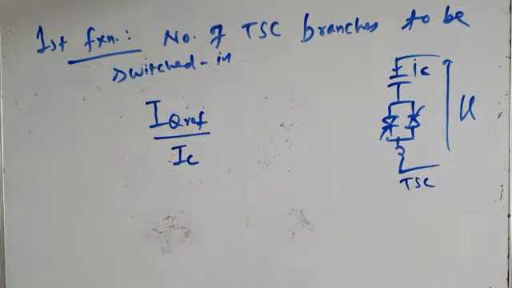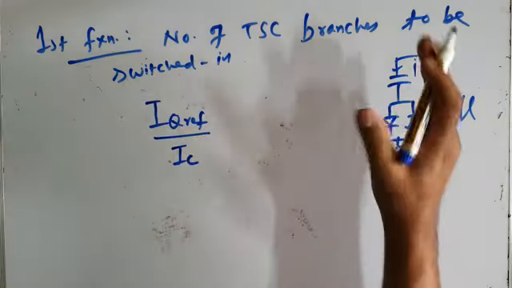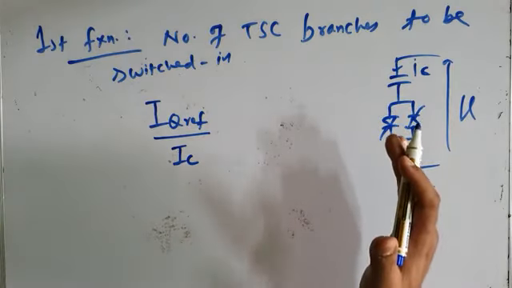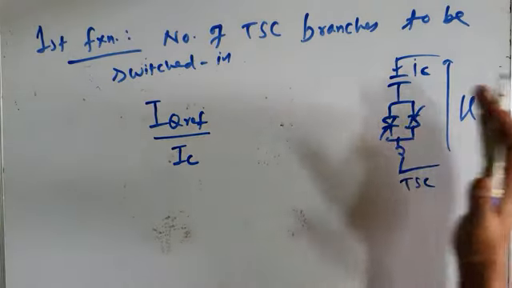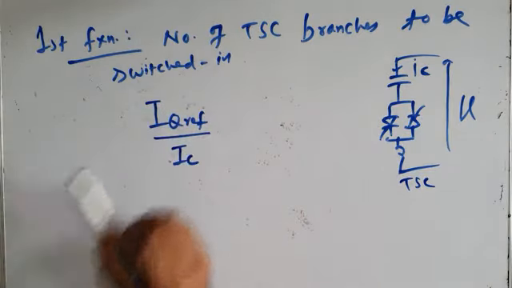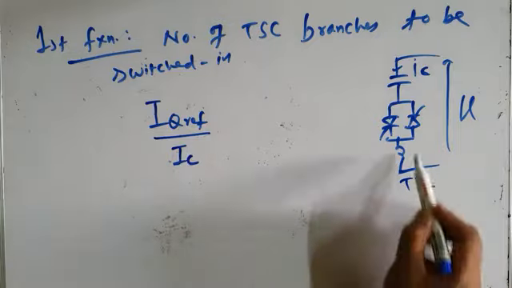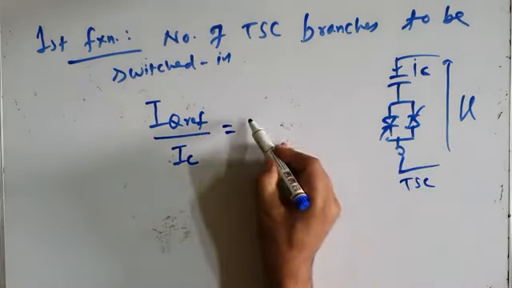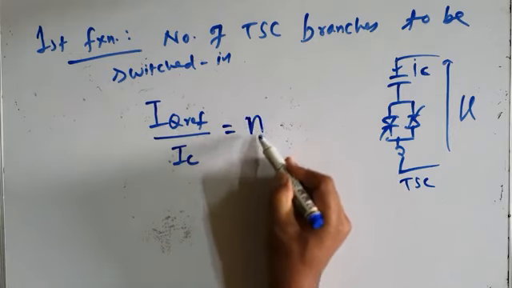IQ ref is the total capacitive current which is to be produced when all the TSC branches are turned on. So the total required or reference capacitive current divided by the capacitive current drawn by one TSC will give a number, say n.